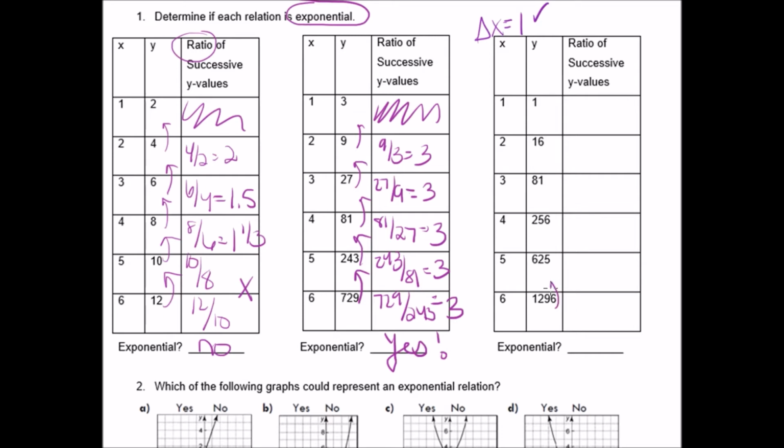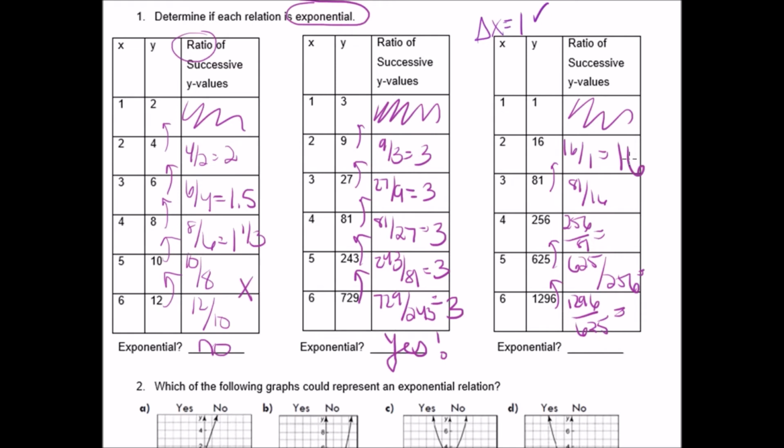Let's try this one. 1296 divided by 625, 625 divided by 256, 256 divided by 81, 81 divided by 16, and then 16 divided by 1. I'm going to start with 16 divided by 1 because that's so easy.